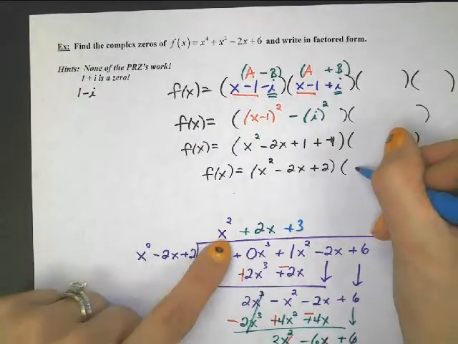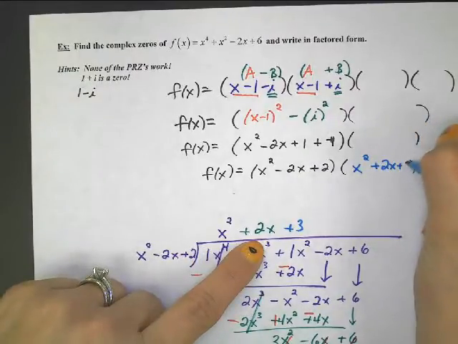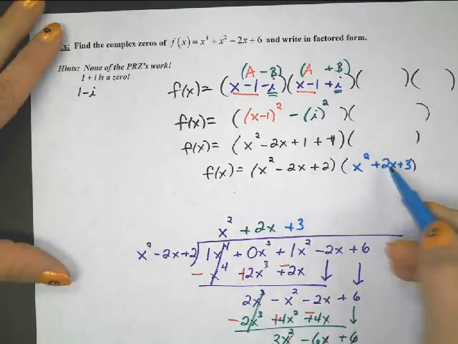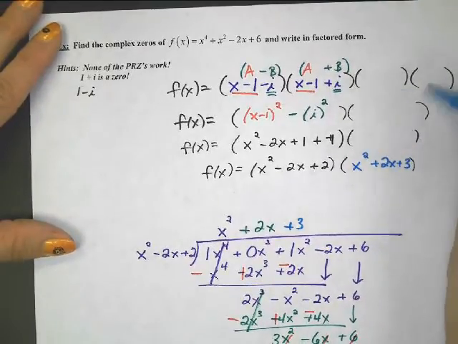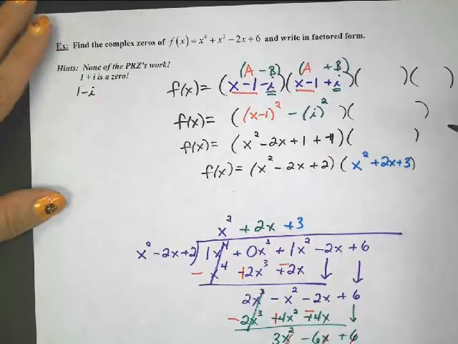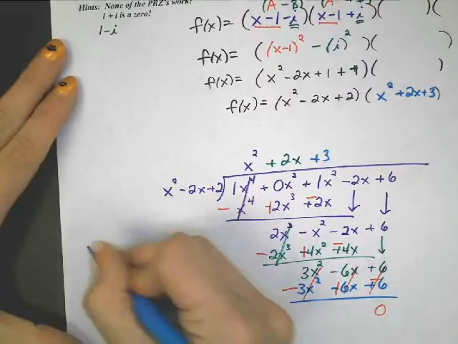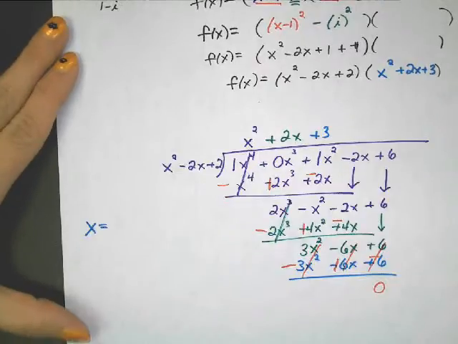So that means the quadratic here is x squared plus 2x plus 3. And then we can just go ahead and factor that into 2 parentheses. I don't think that does factor. Okay, if it doesn't factor, then I guess I'll just use the quadratic formula.